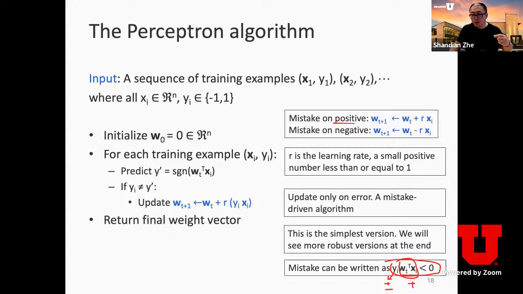Again, -1 multiplied with a positive value is negative as well. In both types of mistakes, the product yi wt transpose xi is always negative. That's why we often use this product to check if our prediction is wrong or correct. We'll see this product again as our classes proceed.